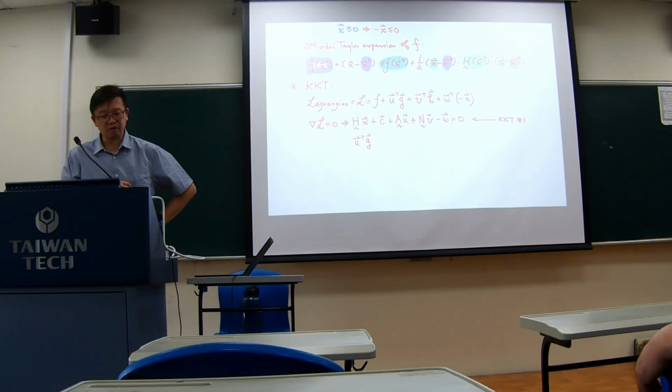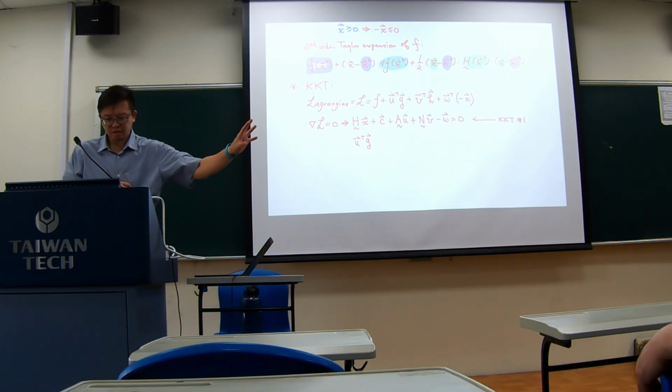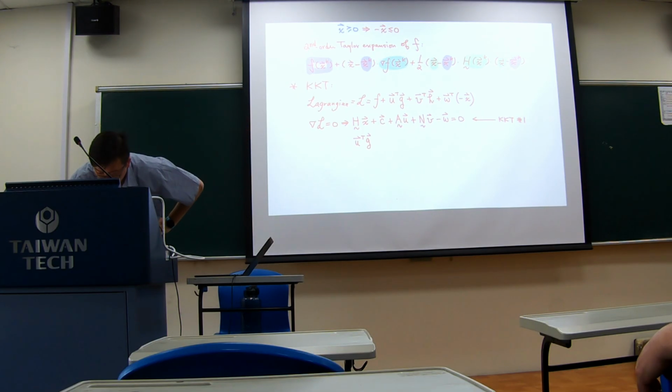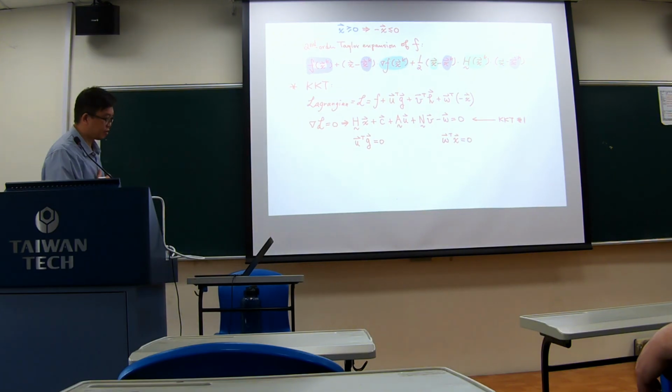This is your inequality constraint. So u times g equals 0, and also w times x equals 0, right? Because of rule number 2.